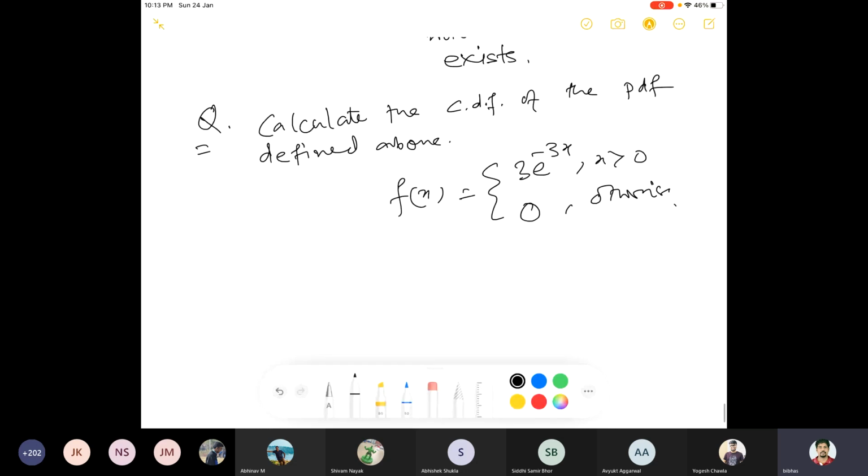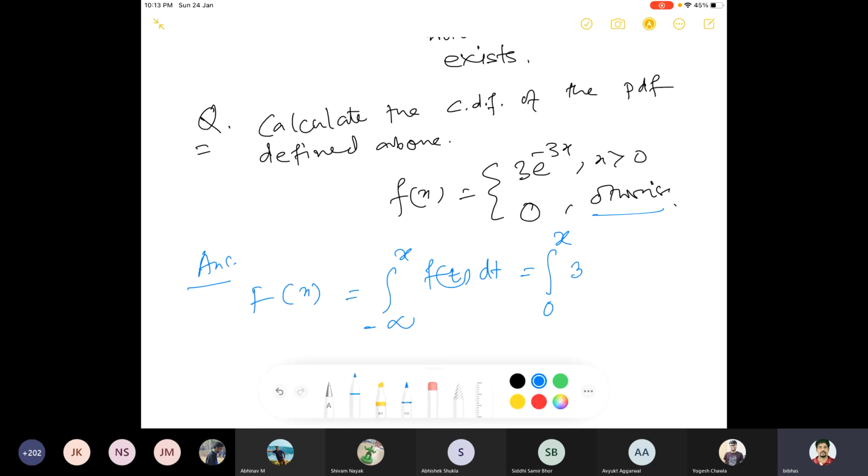If you want to find it, then F(x) is the integral from minus infinity to x of f(t) dt, which is the integral from 0 to x, because only when x is positive is it non-zero, otherwise it is 0.